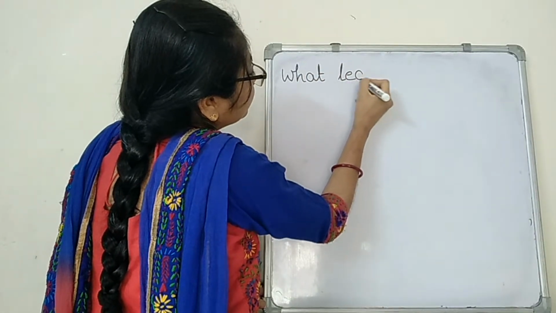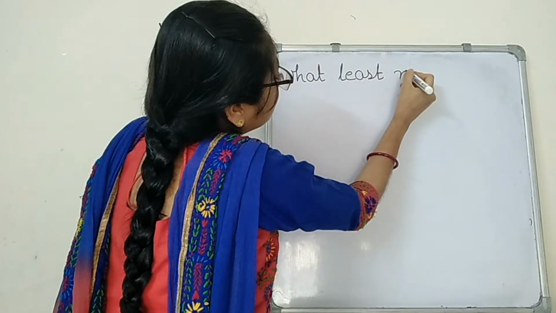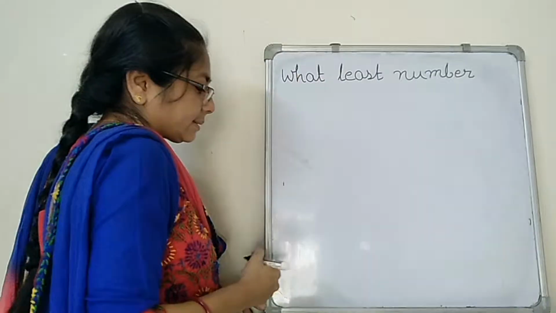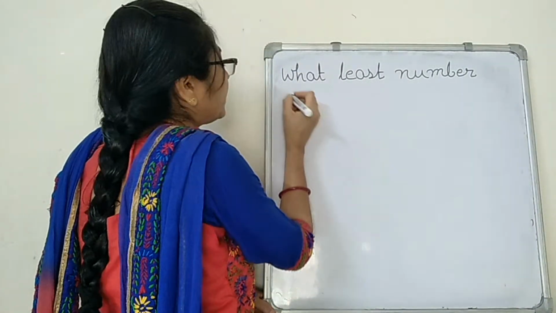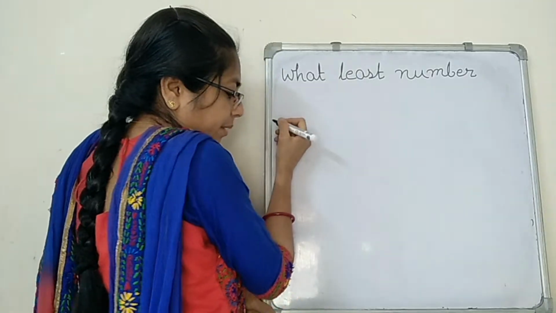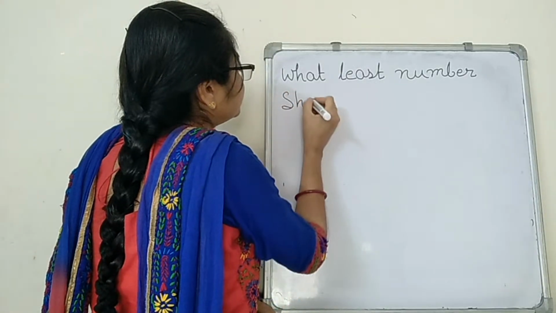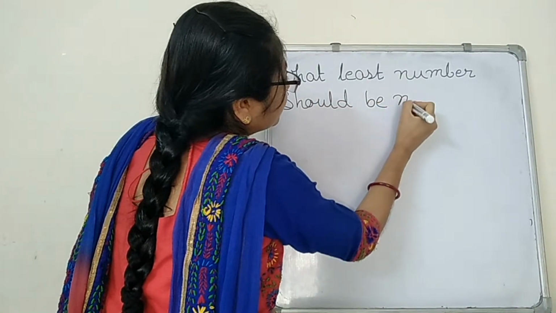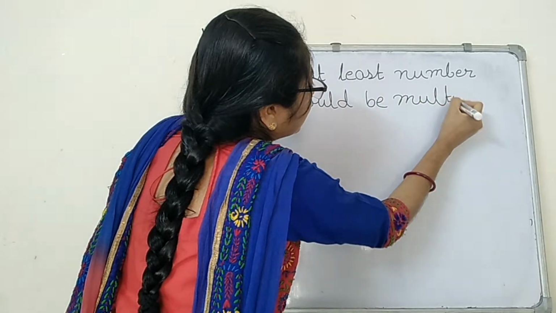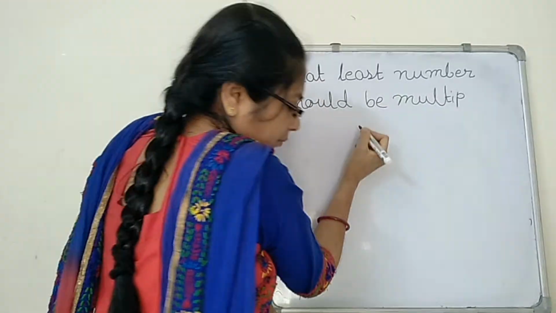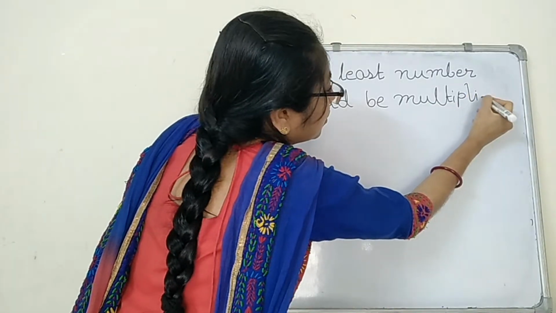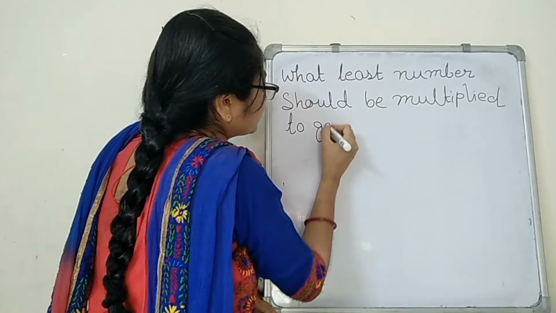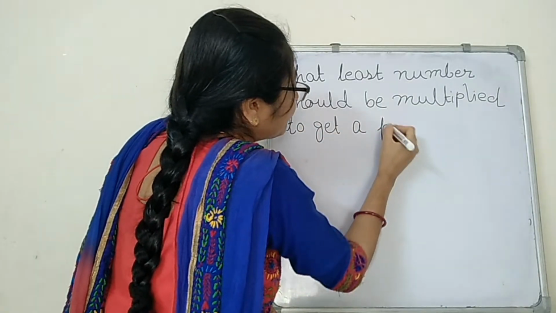What least number should be multiplied to get a perfect square?